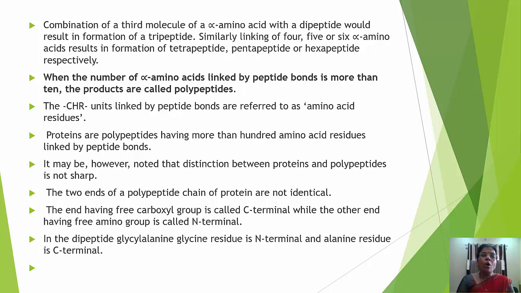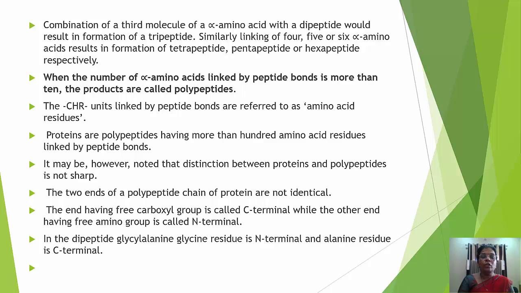Combination of a third molecule of alpha amino acid with dipeptide would result in formation of tripeptide. Similarly, linking of 4, 5 or 6 alpha amino acids results in the formation of tetrapeptide, pentapeptide or hexapeptide respectively. When the number of alpha amino acids linked by peptide bond is more than 10, then products are called polypeptides.